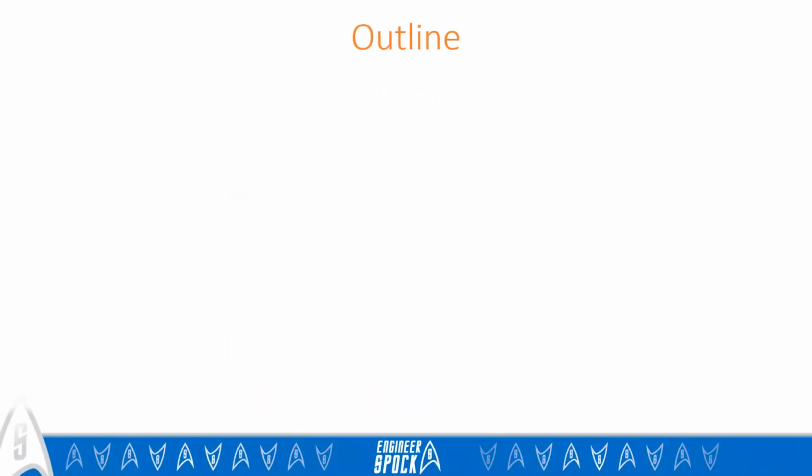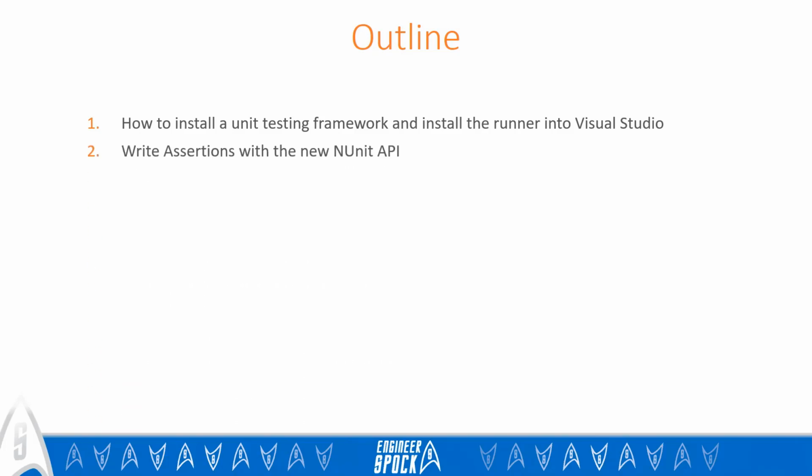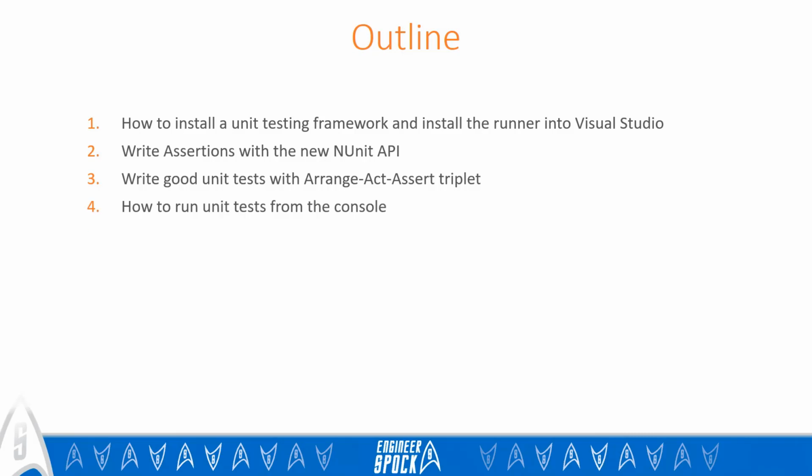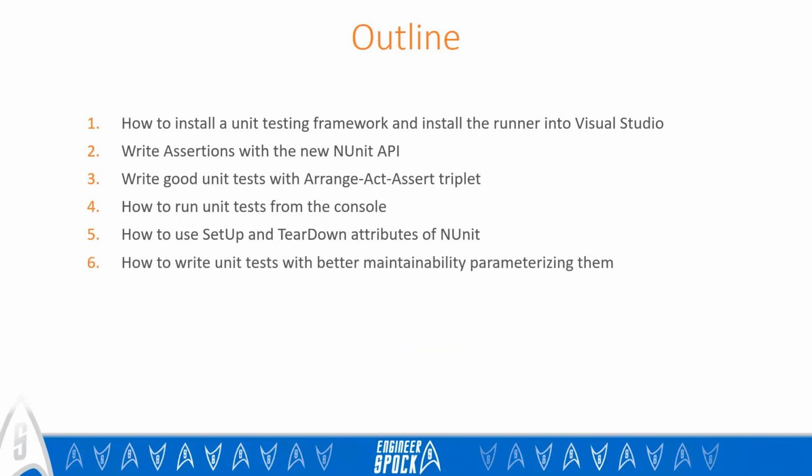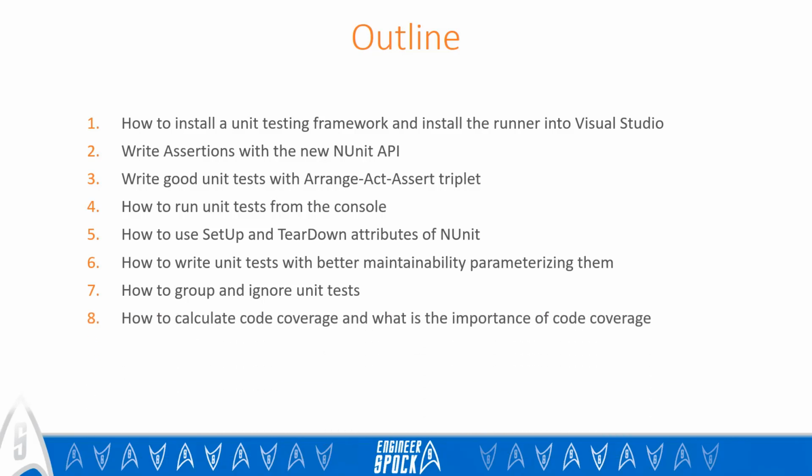In this section, you'll learn how to install a unit testing framework and install the runner into Visual Studio, how to write assertions with the new NUnit API, how to write good unit tests with the arrange-act-assert triplet, how to run unit tests from the console, to use setup and teardown attributes of NUnit, how to write unit tests with better maintainability by parameterizing them, how to group and ignore unit tests, how to calculate code coverage, and what is the importance of code coverage.